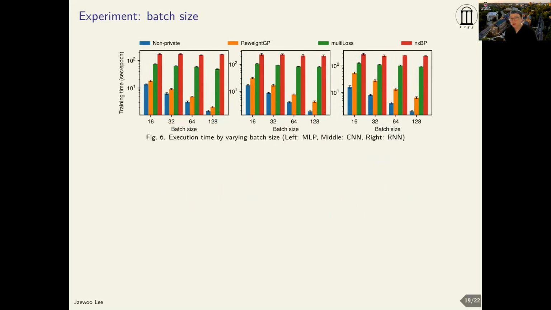Here we compare the per epoch processing time on varying batch sizes. As you can see, as we increase the mini batch size, the per epoch processing time decreases. This is due to the fact that our proposed method can utilize GPU parallelism.